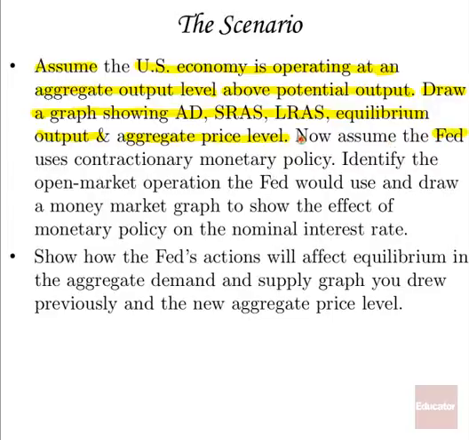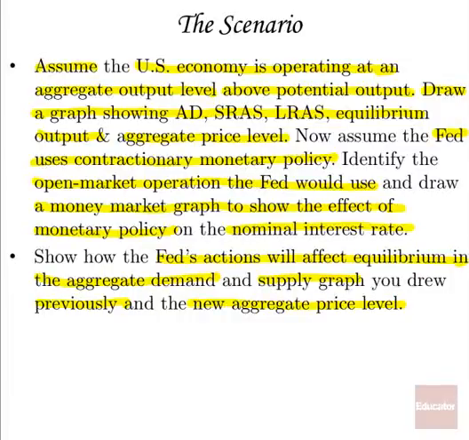Now assume the Fed uses contractionary monetary policy. Identify the open market operation the Fed would use and draw a money market graph to show the effect of monetary policy on the nominal interest rate. Show how the Fed's actions will affect equilibrium in the aggregate demand and supply graph you drew previously and the new aggregate price level. That's only part of it.